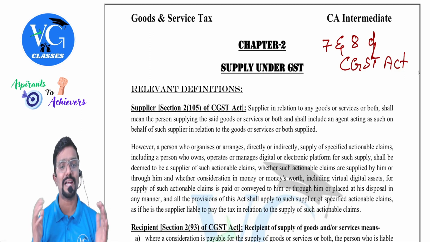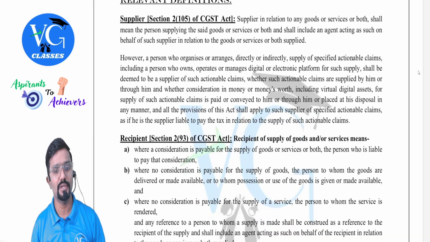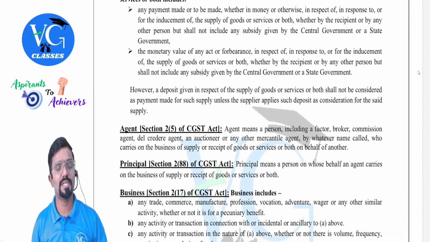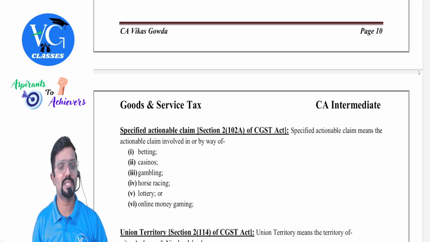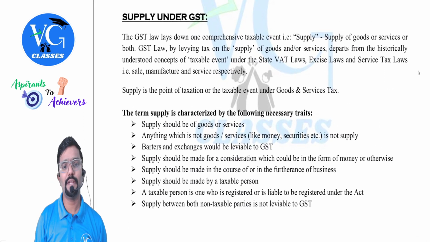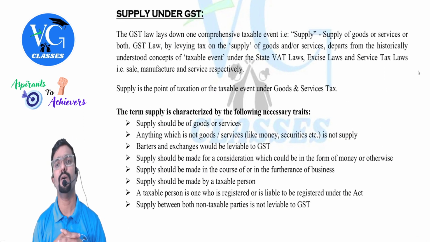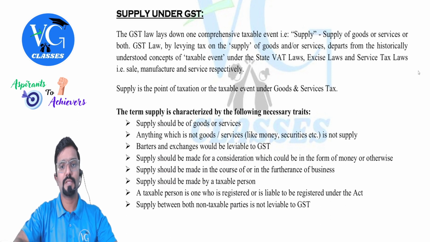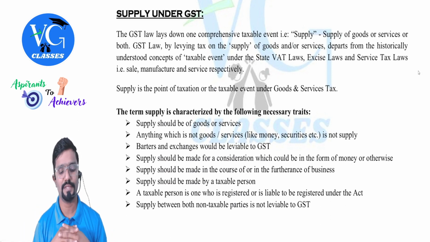Okay, fine, guys. So we'll start, but I will not start with definition. As and when we encounter this term, I will come and cover it. Straight away, come to this: Supply under GST.